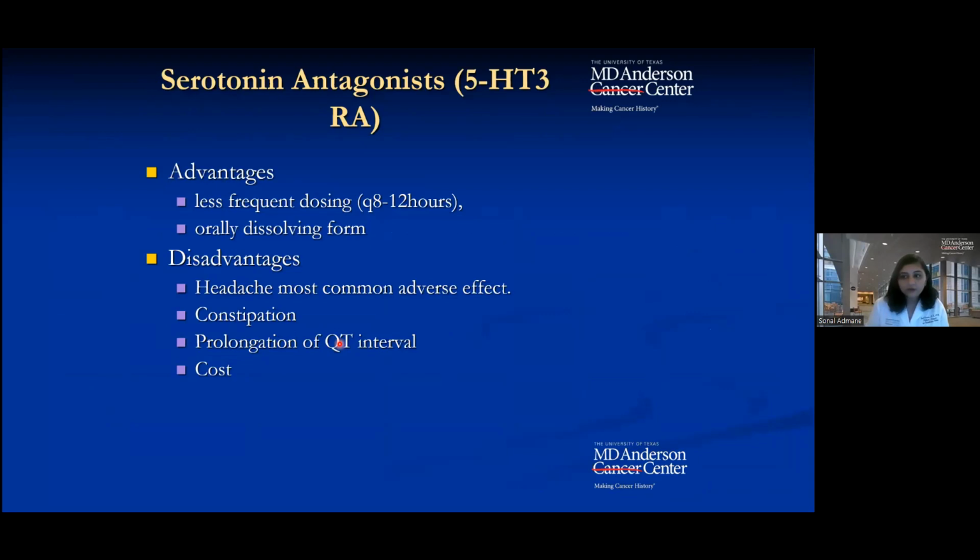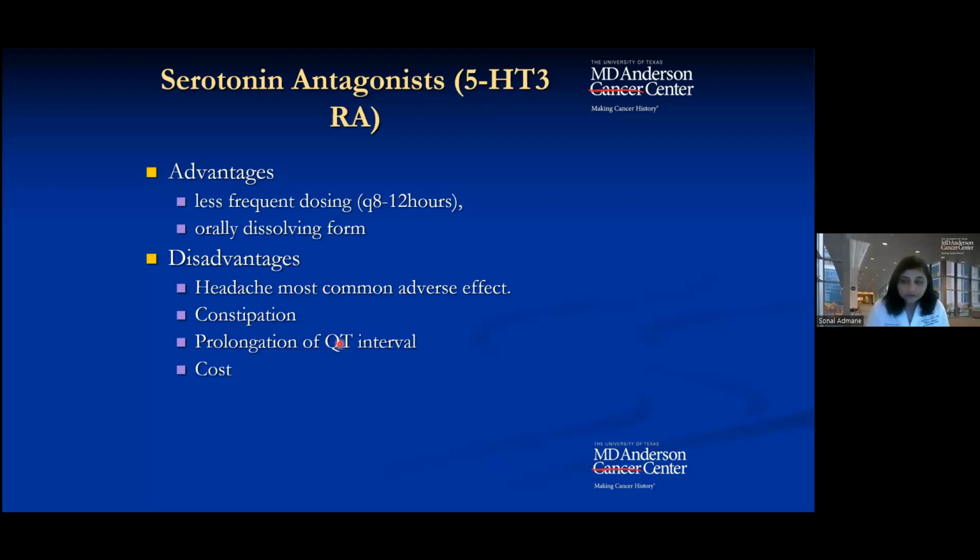You can dose them Q8, Q12 hours, but they do have side effects, especially constipation and headache, which may be troublesome in patients who have advanced cancer because they're usually on opioids or have delayed gastric emptying and bowel dysmotility, which can actually cause more nausea in these patients. So we see that sometimes when you move these patients from ondansetron to another agent like metoclopramide, we actually have improvement in symptoms.